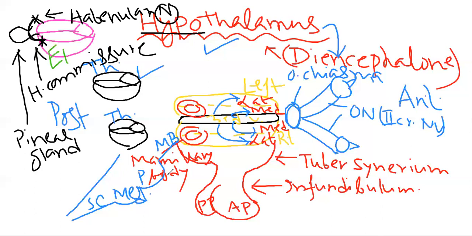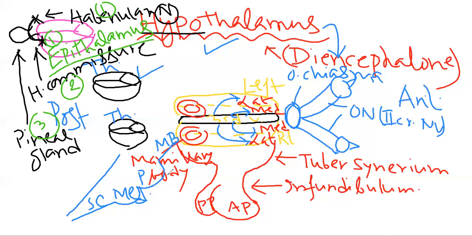So again, one habenular nucleus here, and here also one habenular nucleus. So 1 plus 1, two habenular nuclei, one habenular commissure, and the third one is the pineal gland. These are the three components of the epithalamus.